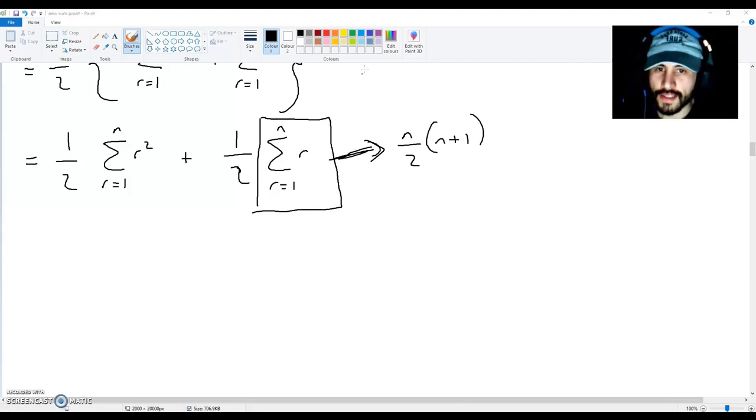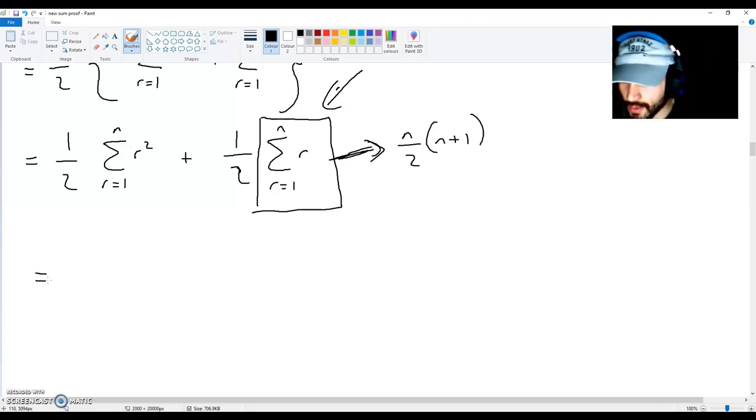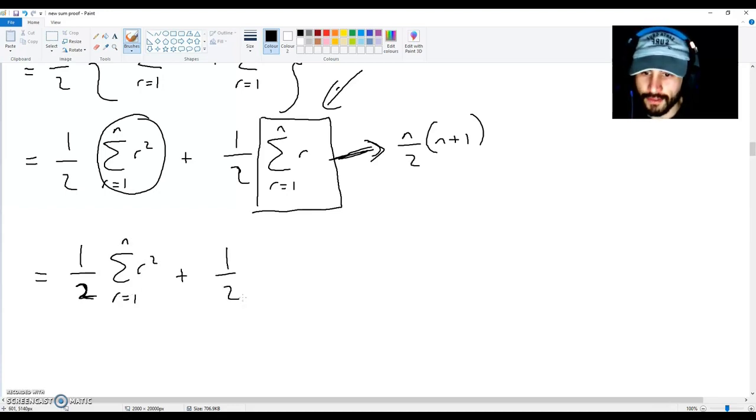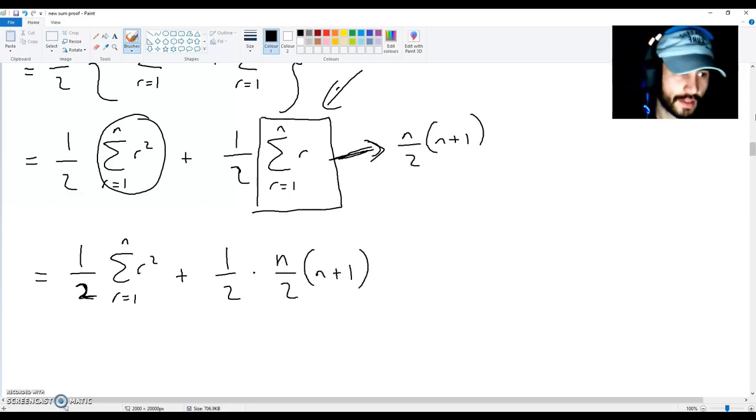This up here is now going to be equal to a half multiplied by this over here, and then plus a half multiplied by n over 2 multiplied by n+1.